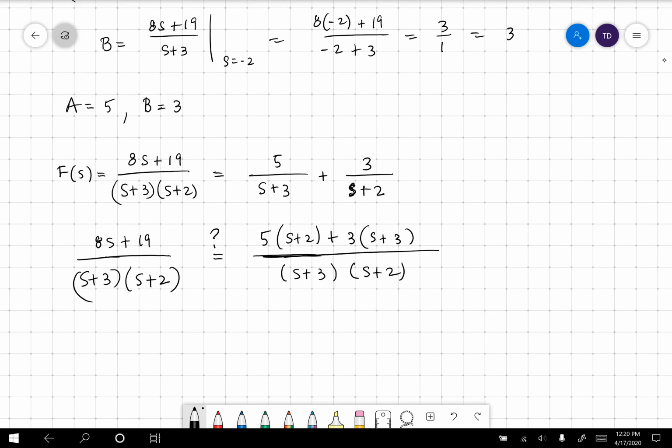This is the most common term we will see in everything that we're doing. It's the most common term, an exponential form with a multiplier that is a constant value.